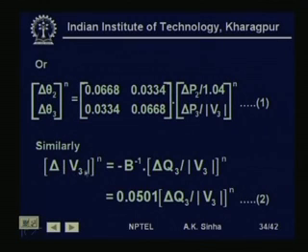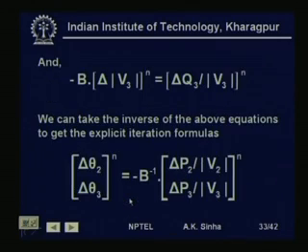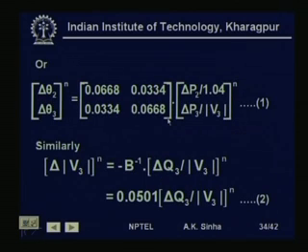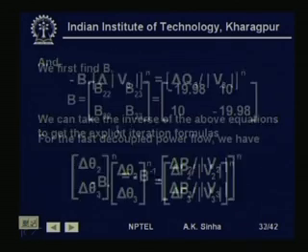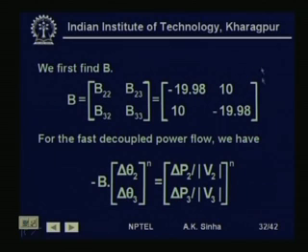Similarly, del V3 at n is minus B inverse into del Q3 by V3. Now, since we have only V3, that is, only bus 3 terms available, minus B inverse will be only the inverse of this term.